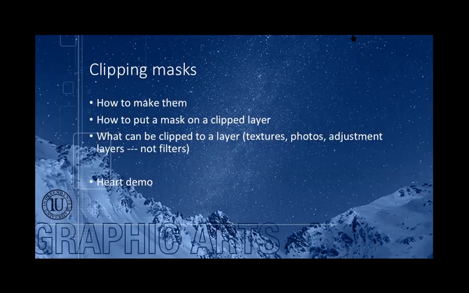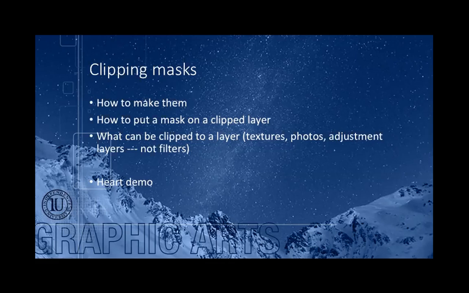So the way that you would do that, let me delete this layer out. I'm going to scale this down a little bit here. And then I'm going to zoom in on my screen.